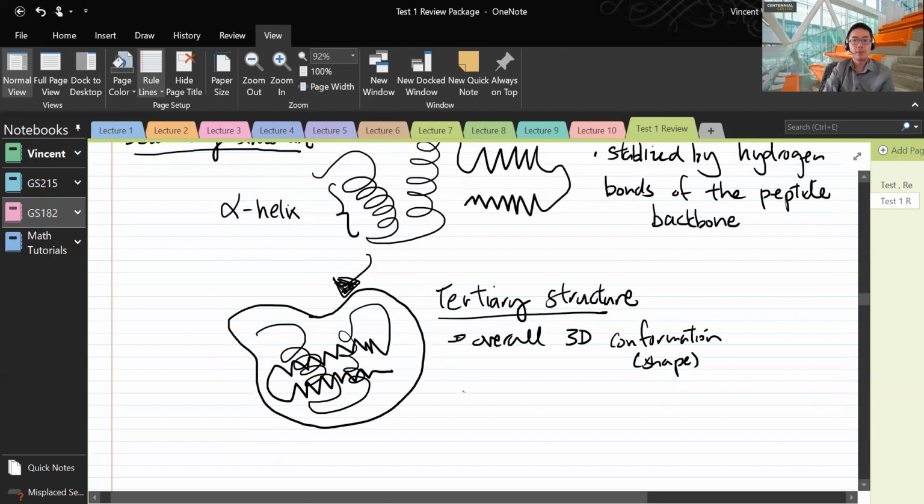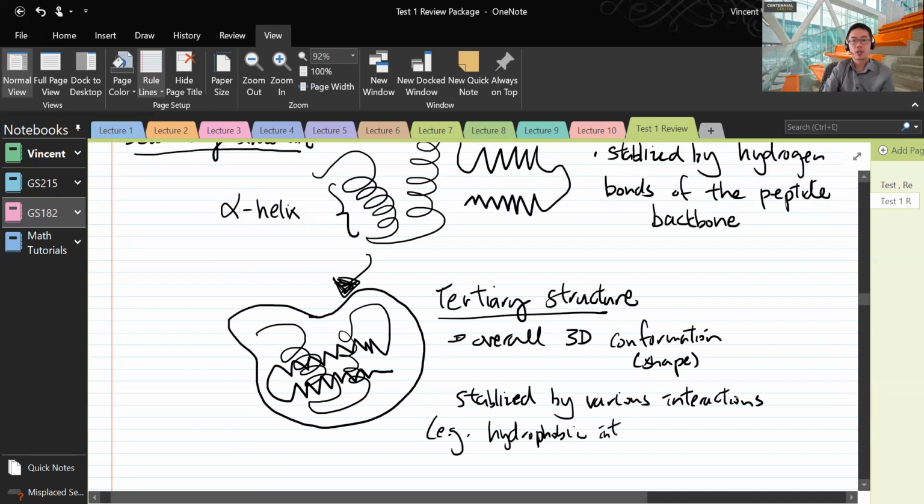This is stabilized by various interactions, such as hydrophobic interactions, which means things that are hydrophobic tend to come together. There is ionic bonding, and so on and so forth.